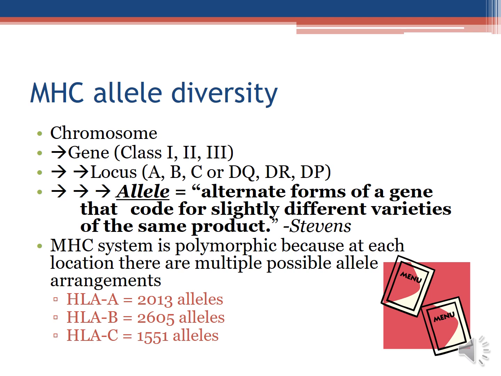And for HLA-C, we have over 1,500 different alleles. I believe the correct number is something like 1.7 billion different possible allele variants. So this is highly, highly polymorphic, with immense variability for this MHC molecule.